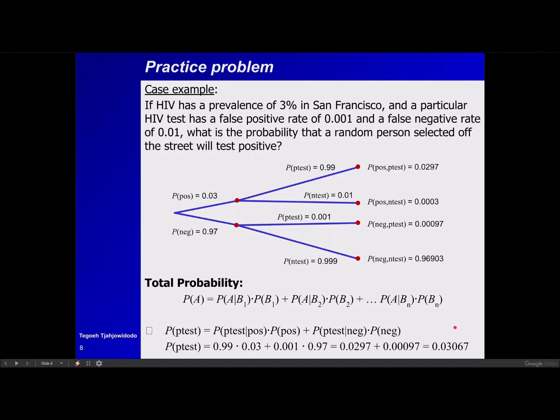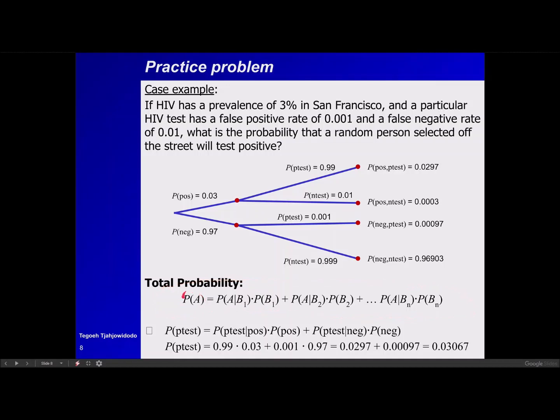Okay, so how do we calculate the total probability? It is implied in the example that we just discussed. But mathematically, if we want to formulate it, the total probability will be simply the summation of the joint probability in every event. So let's take a look at this mathematical expression.